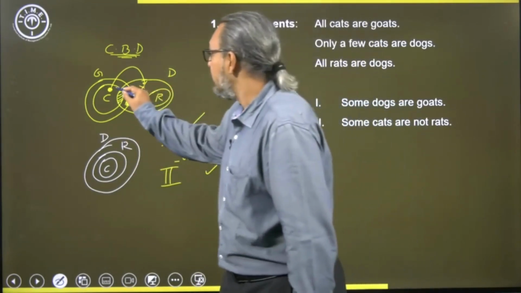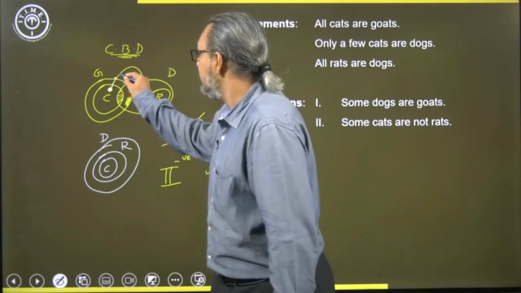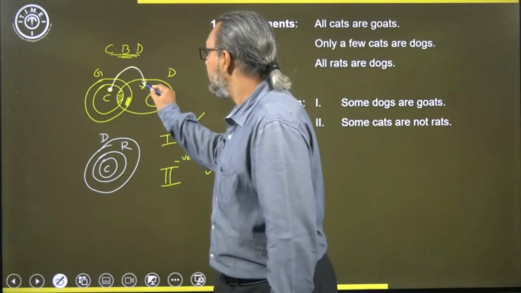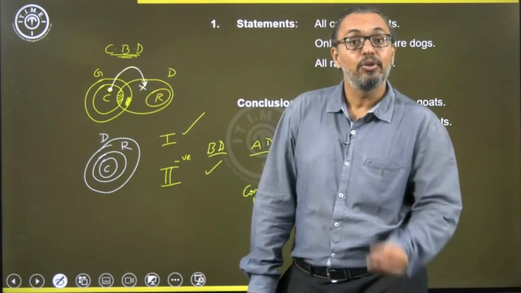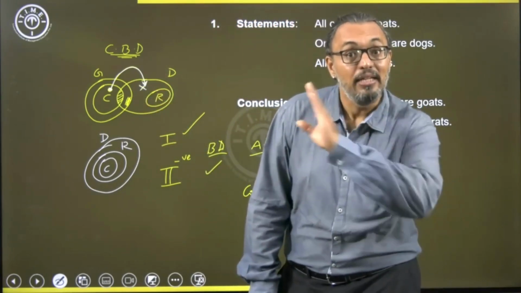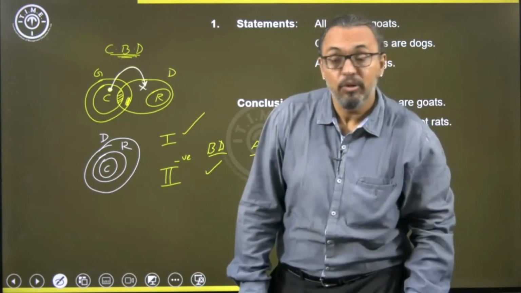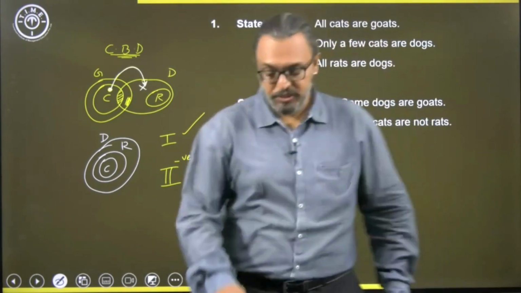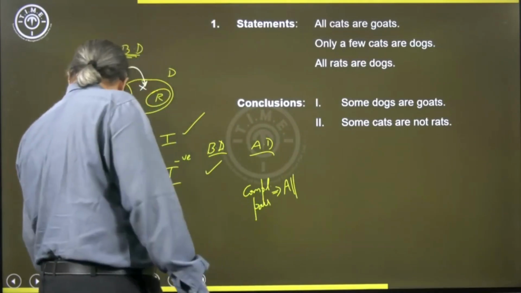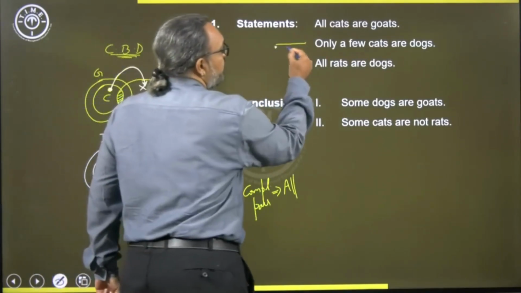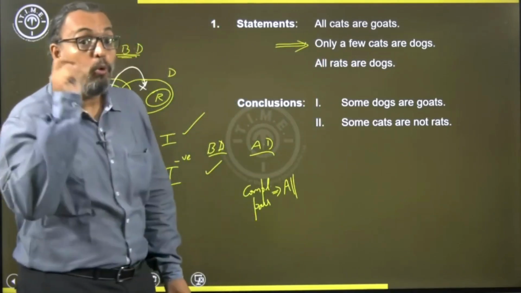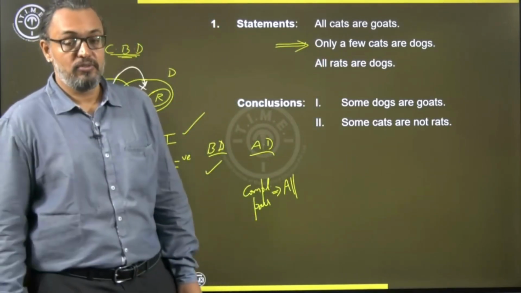But look at this particular indication that I have made. What does this indication tell you? It tells you that there should be some cats never inside dogs, because of the information that we have: only a few cats are dogs.